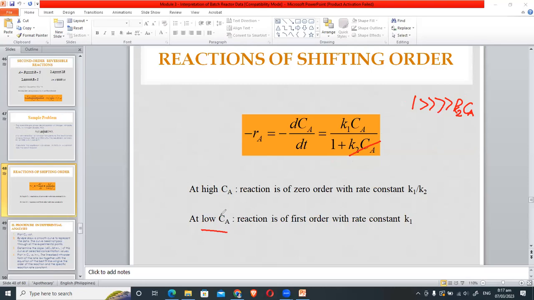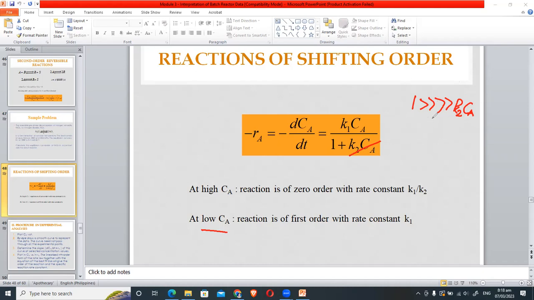There are cases in Levenspiel, or I think there's a problem in Levenspiel, I'm not sure, that ask you what would be the resulting order of your reaction if you have this particular concentration, very high on this, very low on this. So you go back to the principle of how a value can be insignificant compared to another. If it's very high or very low, then it's insignificant when compared to another value.